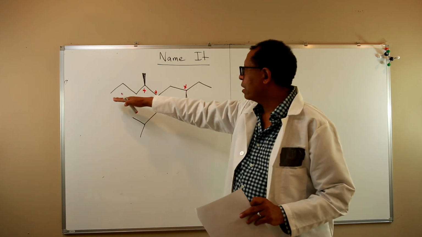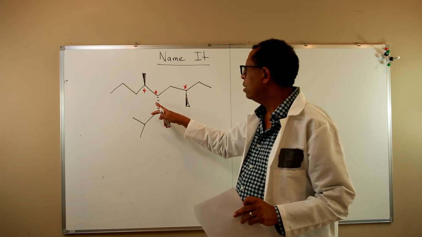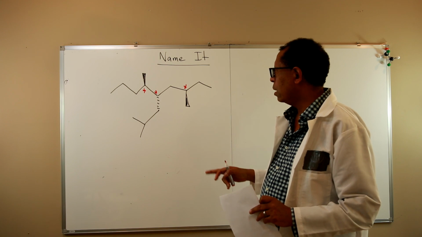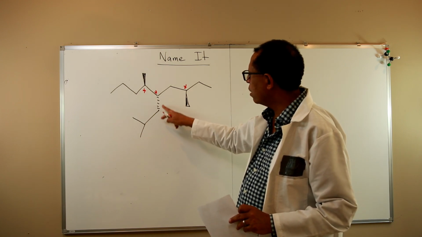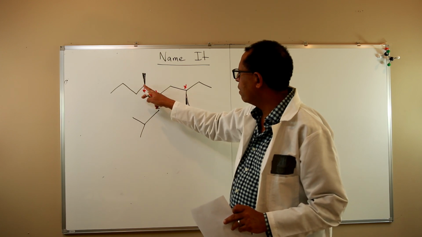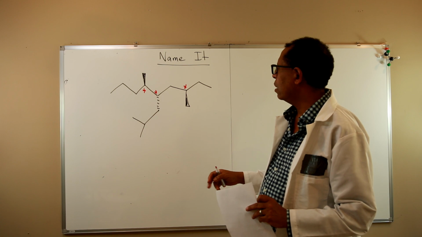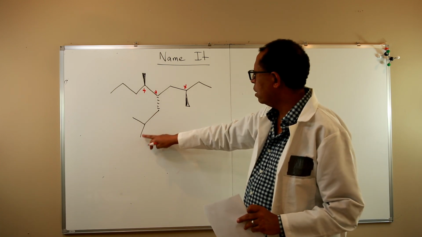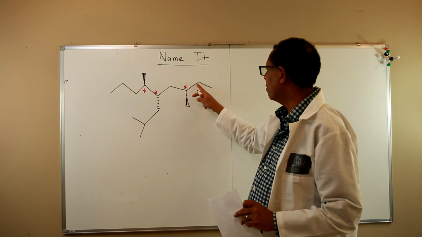Over the 9 carbons, how many substituents do you have? You have 3 substituents. How about counting from here? 1, 2, 3, 4, 5, 6, 7, 8. That would not be the longest chain. How about this way? 1 to 8.